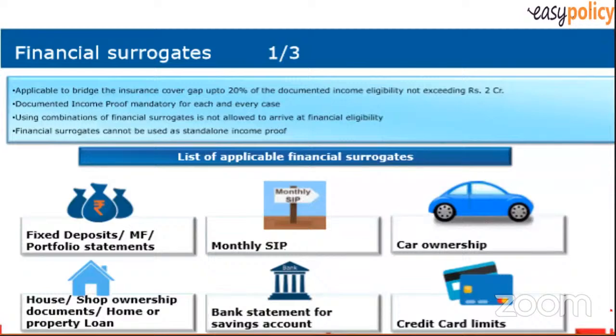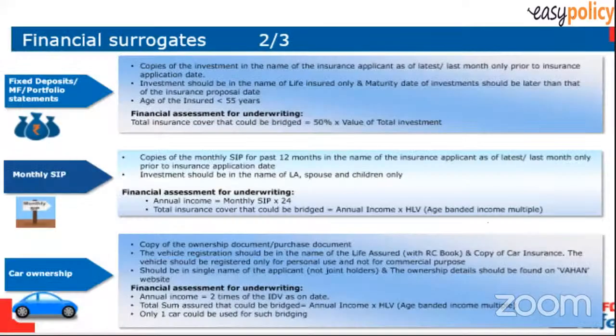We can also consider property papers, but that property evaluation has to be done, so that is a very different process. So again, I'm repeating, financial surrogates is to bridge the gap, maximum up to 20% against the standard income.